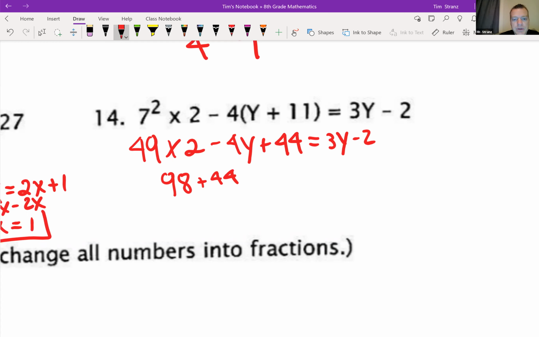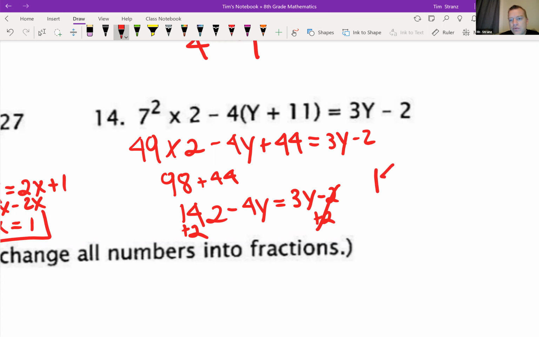Okay, so 98 plus 44. It's 142 minus 4y equals 3y minus 2. Okay, I'm going to add 2 over here, get rid of it, add 2. I got 144 minus 4y equals 3y.